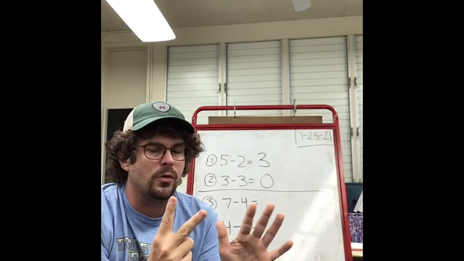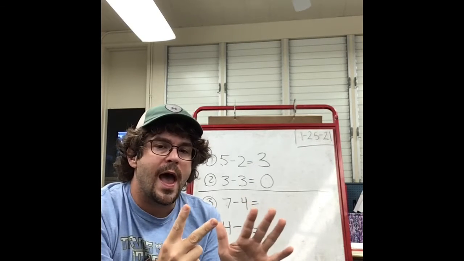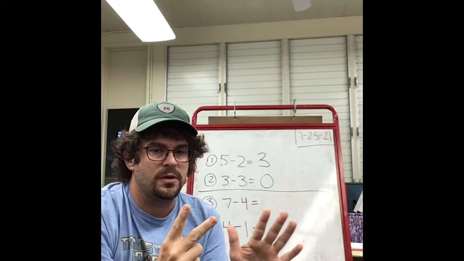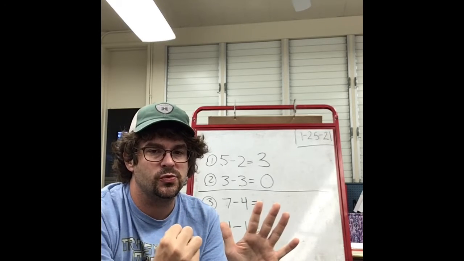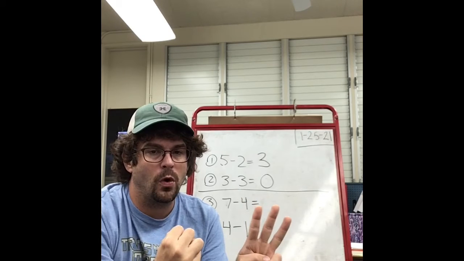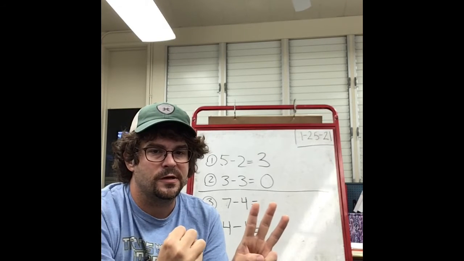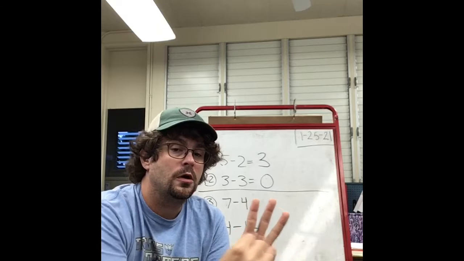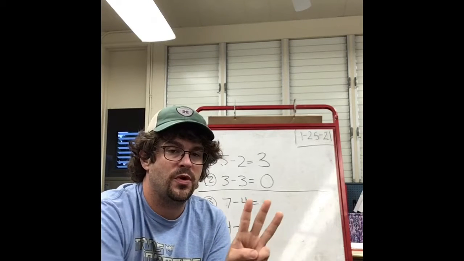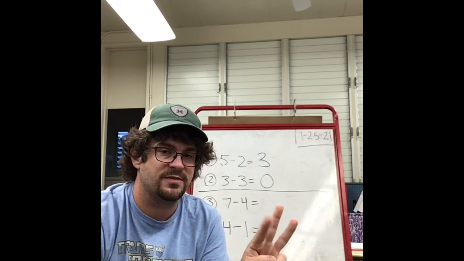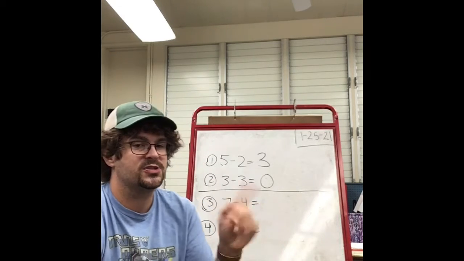We count those 4 out while we're putting them down. 1, 2, 3, 4. Whatever is left over is going to be my answer. So I have 1, 2, 3 left. And that means that 7 minus 4 is 3.